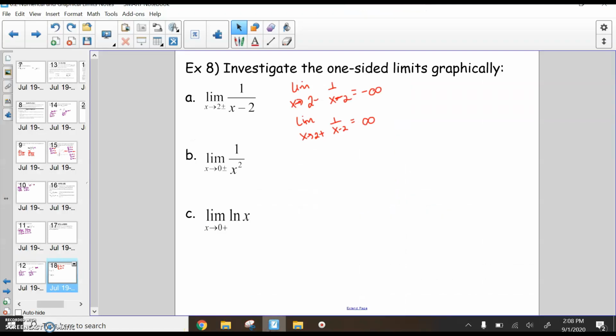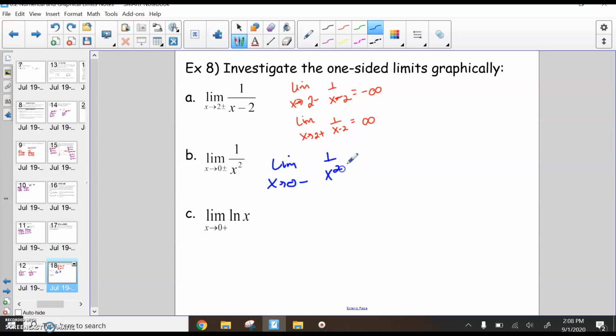So we are going to say that the limit as x approaches 0 from the left of 1 over x squared is infinity. The limit as x approaches 0 from the right of 1 over x squared is also infinity.